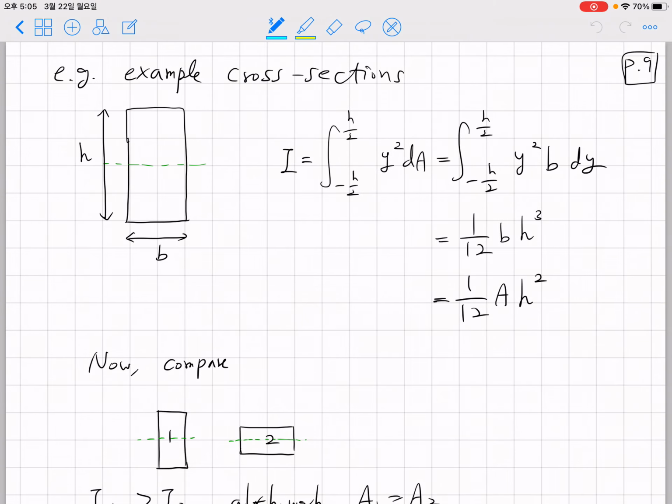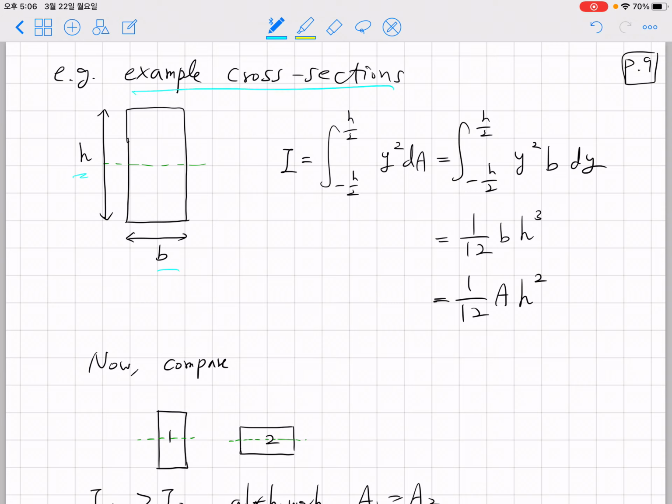Now let's move on to a realistic engineering example. The first example we're going to consider is a very simple cross section, with rectangular shape, where the width is b and the height is h.